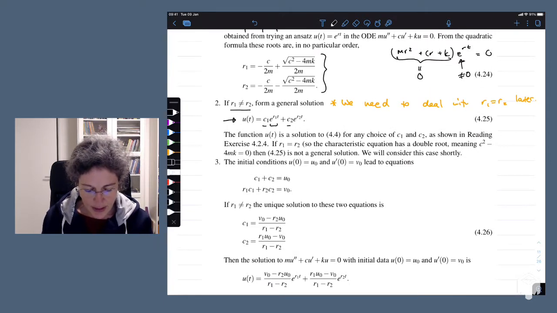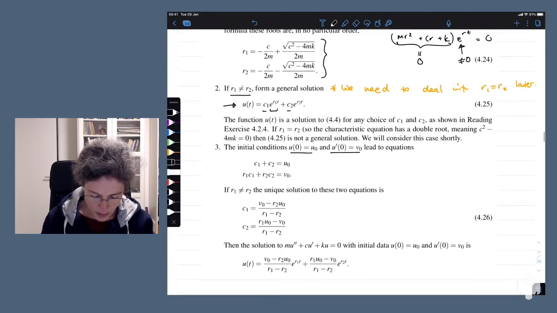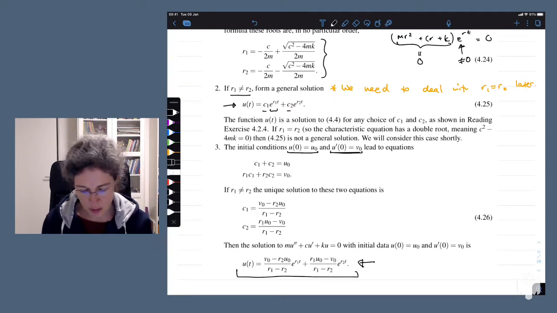And if we have any initial conditions that get given, we can plug those in, and you could work all those out. And finally, although no one would ever do this in their right mind, based on initial conditions u of naught equals u naught and u prime of naught equals v naught, you could write down the specific solution.